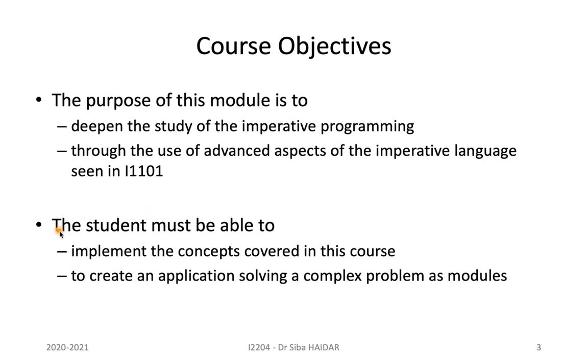The student must be able to implement the concepts covered in this course, in order to create an application solving a complex problem as modules. So after this course, you will be able to solve complex problems as modules.